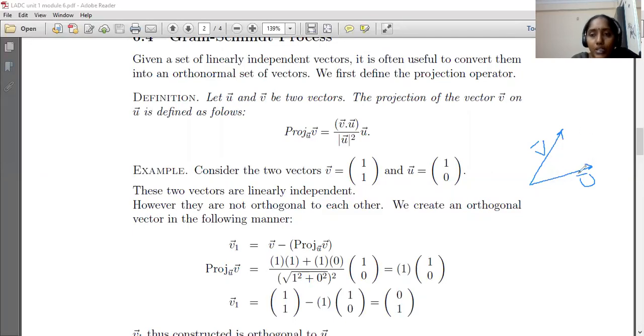We already discussed that in the last module. Now we use the projection of V bar on U bar in the Gram-Schmidt process.